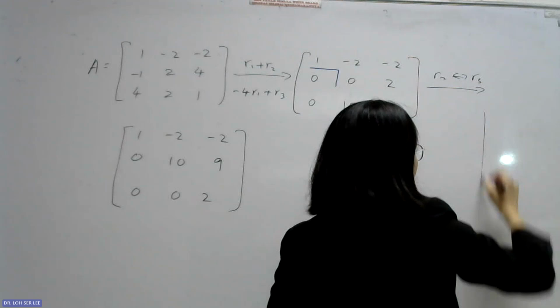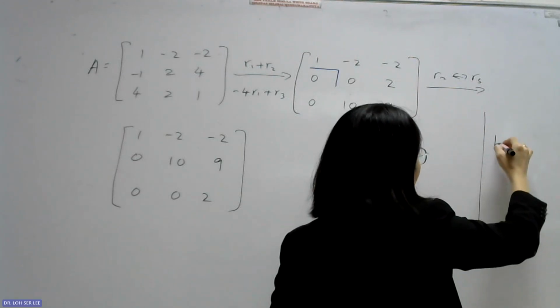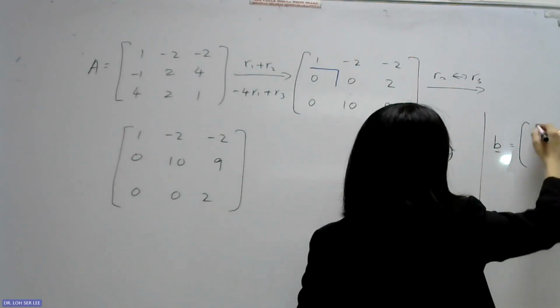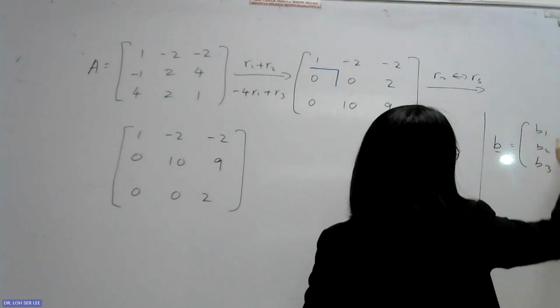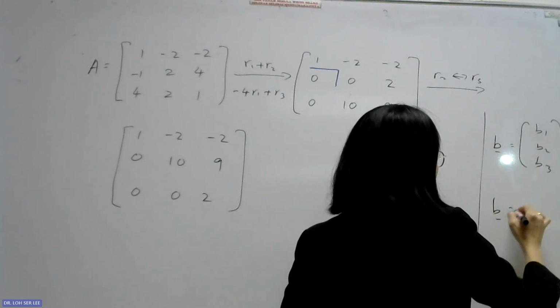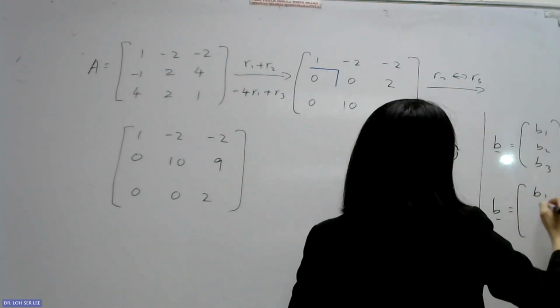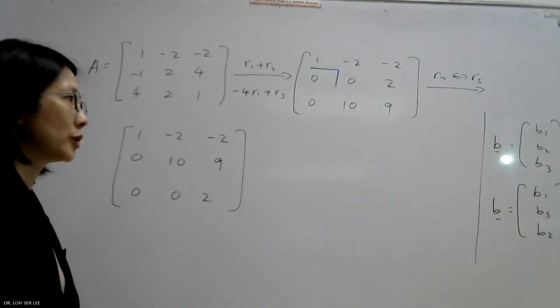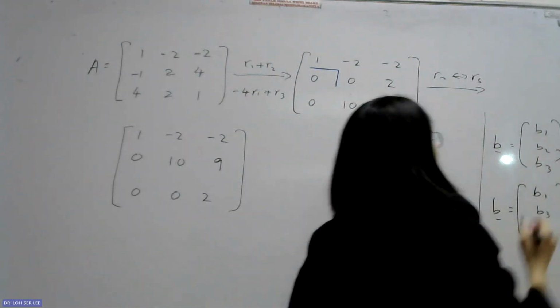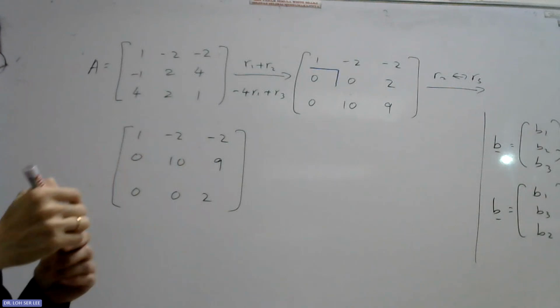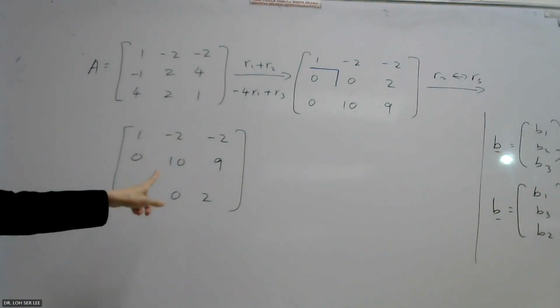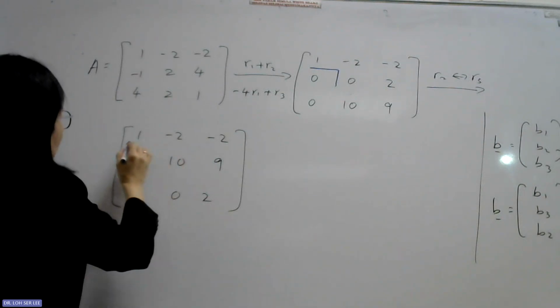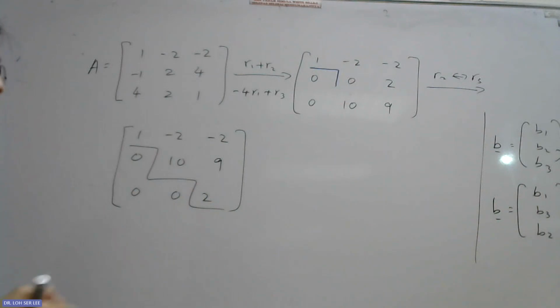It means your B is supposed to be B1, B2, B3, but now we are using the new B, which is B1, B3, B2. So we don't use the old one anymore. We use the new B. So this is REM.